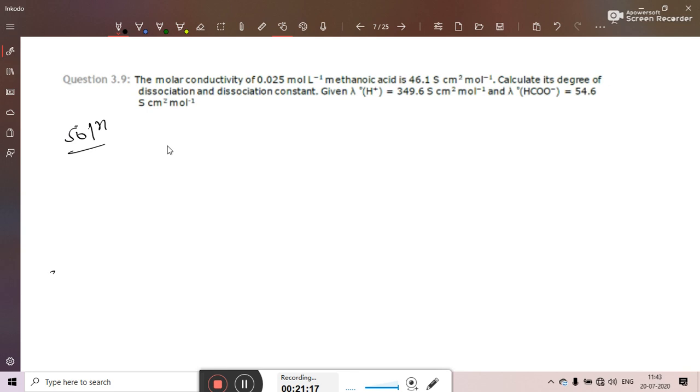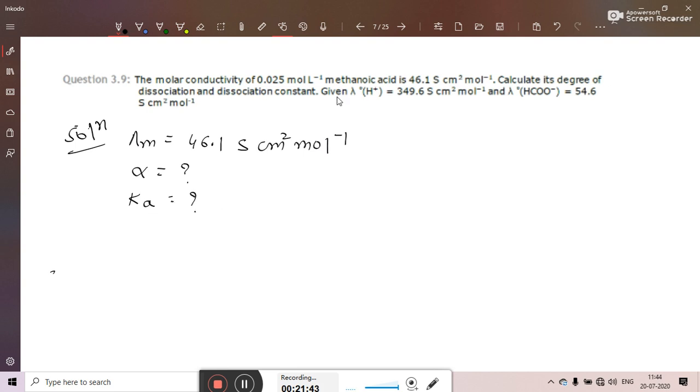So here lambda m is 46.1 Siemens centimeter square mole inverse. Now we have to find out the degree of dissociation alpha and the dissociation constant Ka.